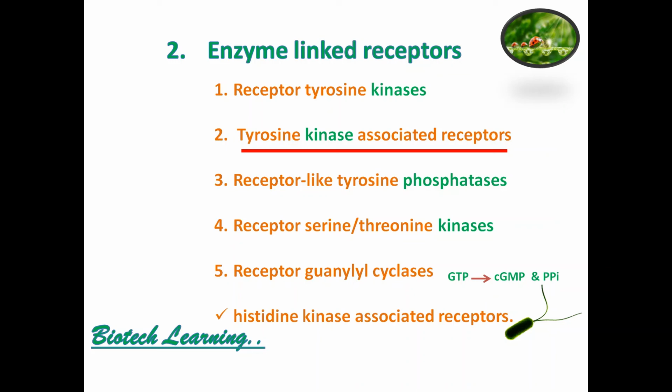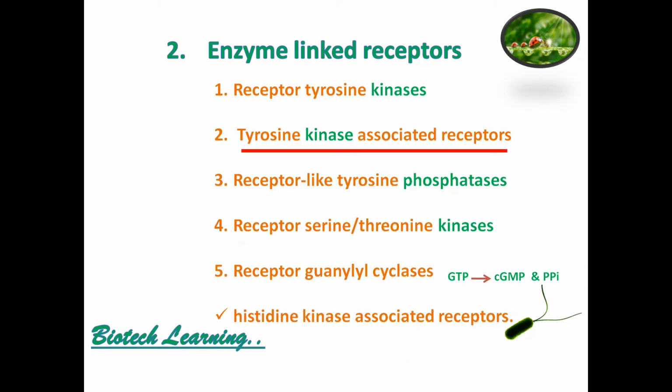These are enzyme-linked receptors that do not have an intrinsic enzymic domain. So they associate with other proteins that have an enzymic domain, especially this tyrosine kinase activity. So these are enzyme-linked receptors that associate with other proteins that have a tyrosine kinase domain. So that's why they are in general called enzyme-linked receptors.